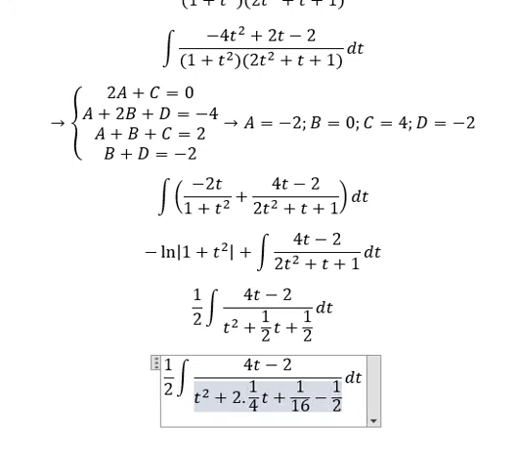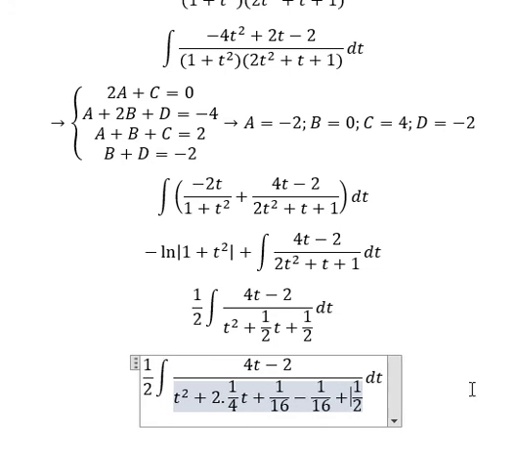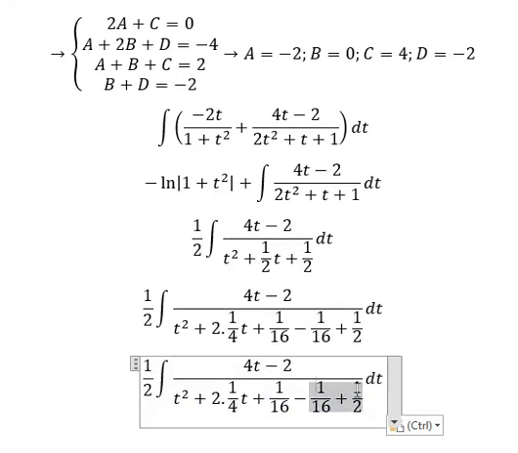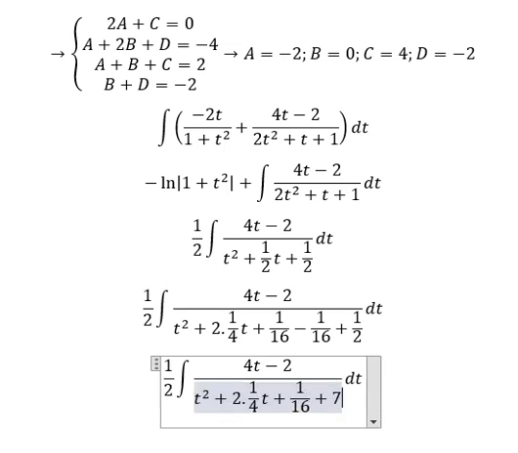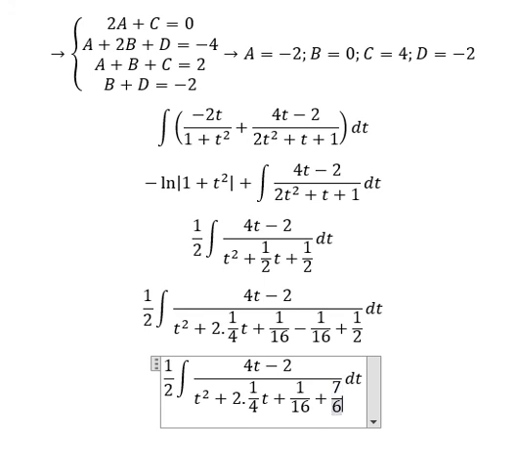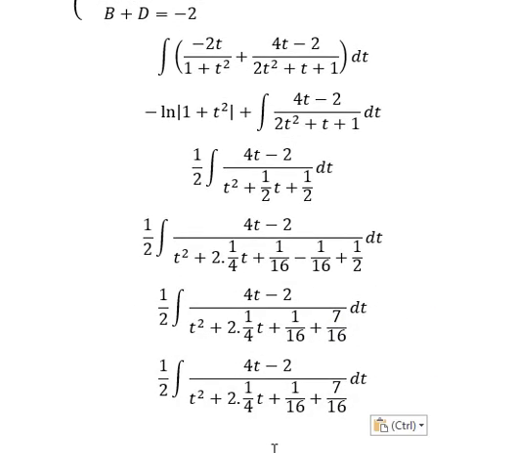Later we need to minus 1 over 16. And this one we will get 7 over 16. So this one in here, we can do an identity.